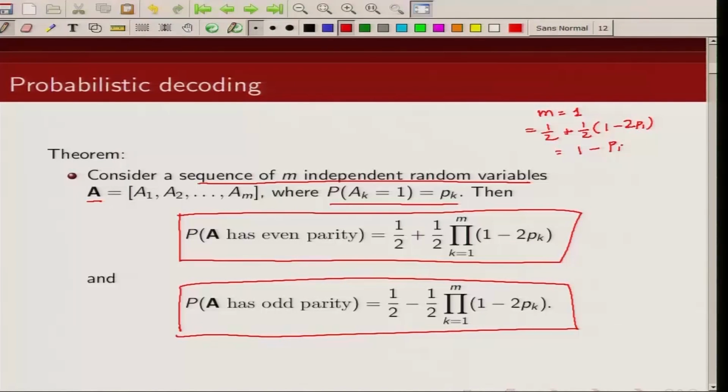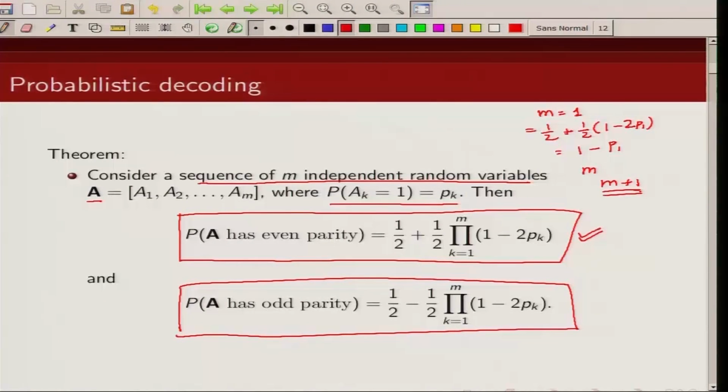And p1 is the probability that it is 1, so the probability that it has even parity is 1 minus p1. So, this relation holds for m equal to 1. Now, let us assume it holds for some m. Then we have to show that it also holds for m plus 1.